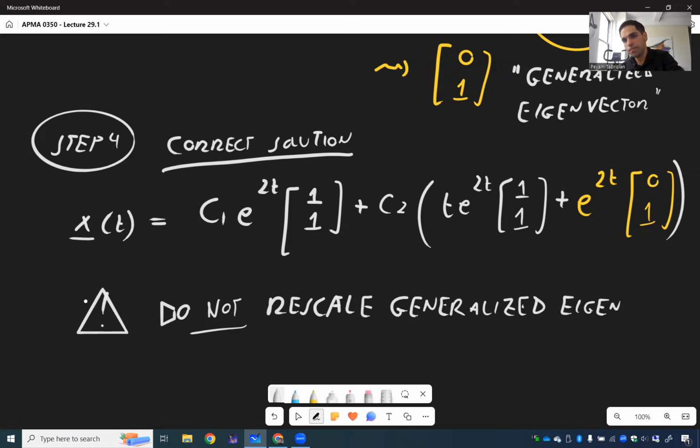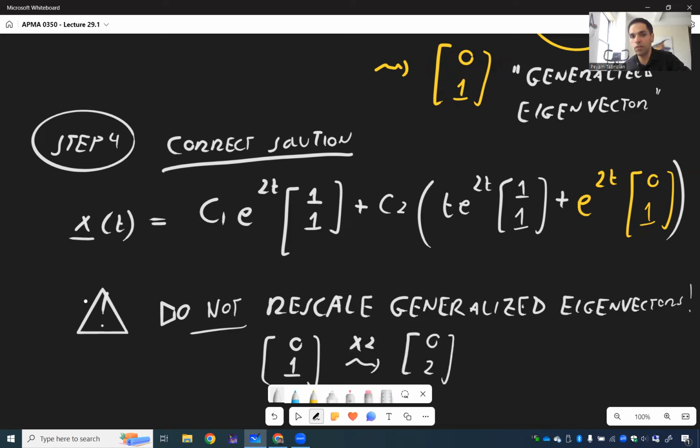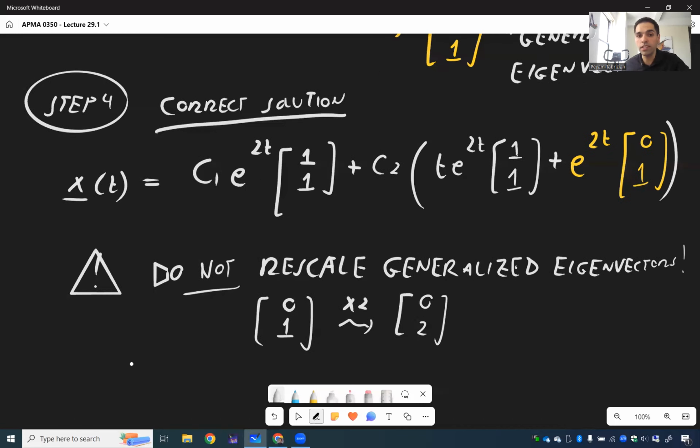So, for instance, if you had (0, 1), do not multiply this by 2 and get (0, 2). Or if you had (0, 1/2), don't turn this into (0, 1).